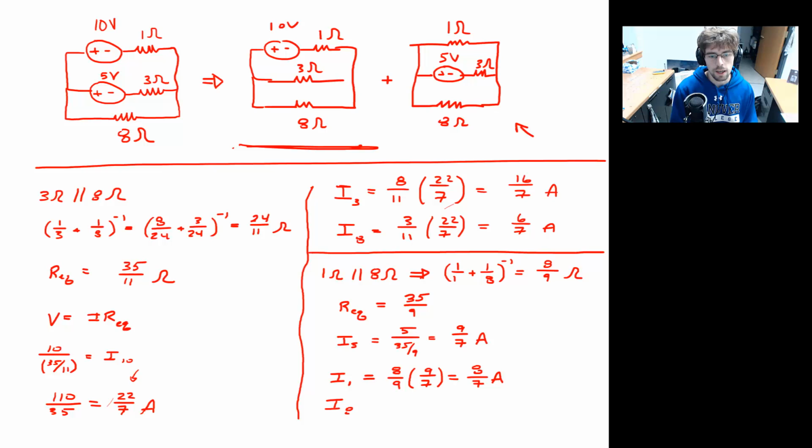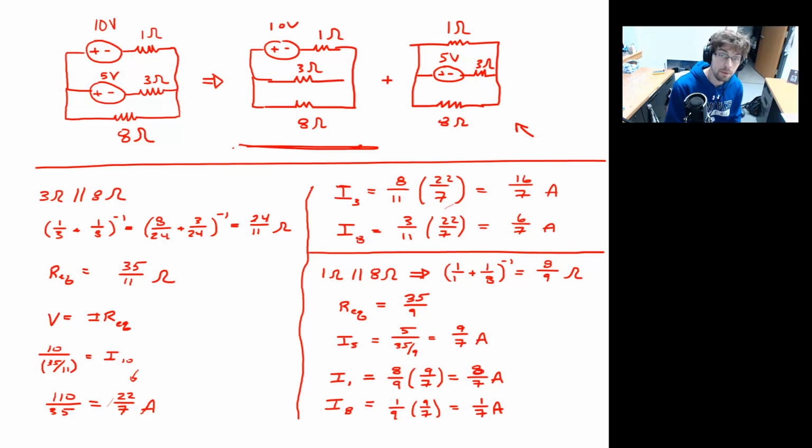And I8, the current running through resistor 8, will be 1/9 of 9/7, which will of course give us 1/7 of an amp. Boom. Cool, we're done.